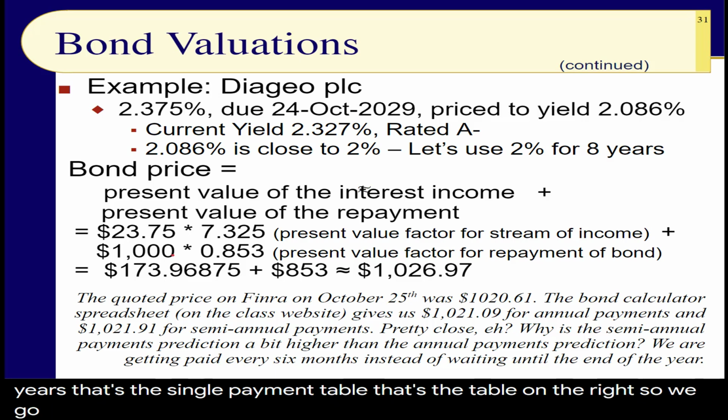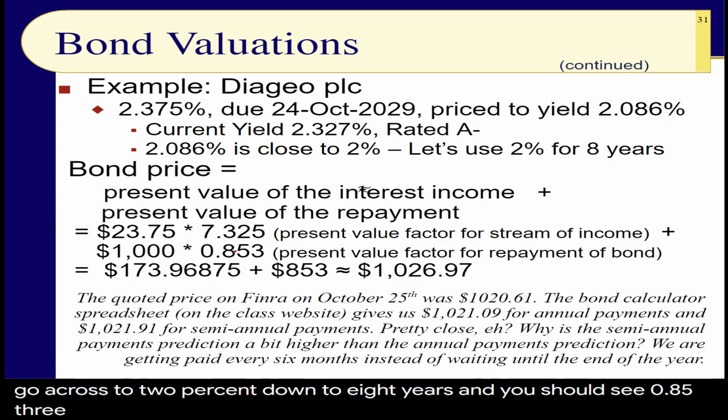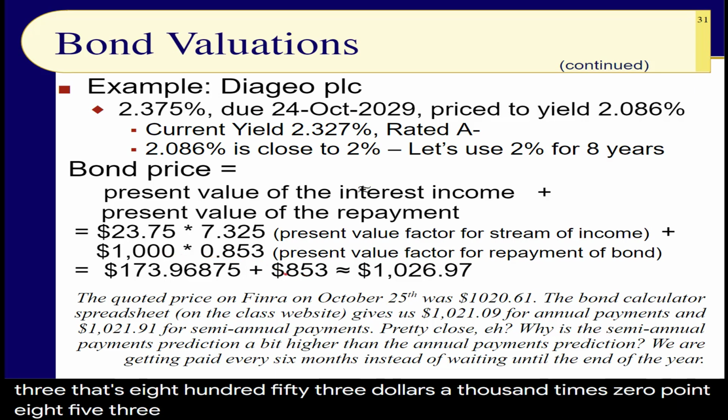So we'll go across to 2% down to 8 years, and you should see 0.853. That's $853. 1,000 times 0.853. Some of you can do that in your head, but use your calculator.